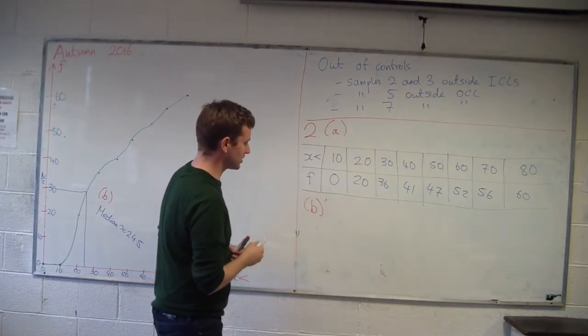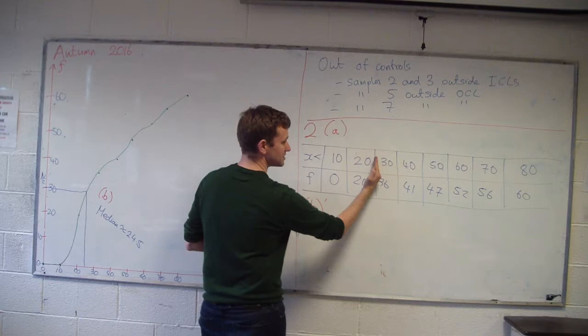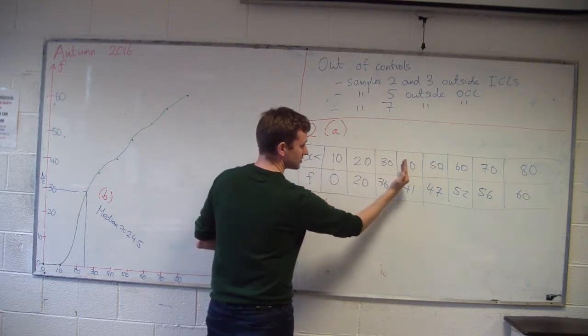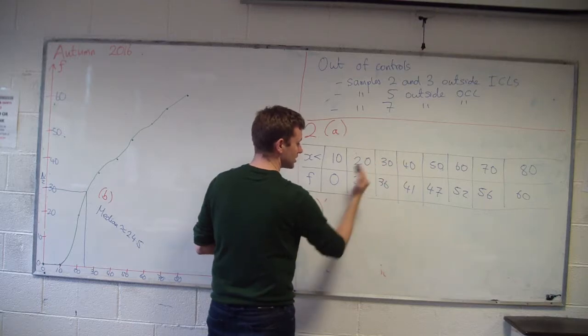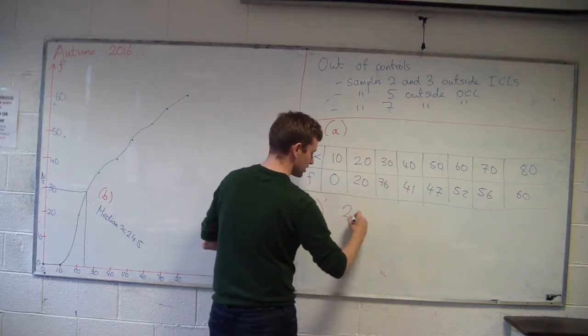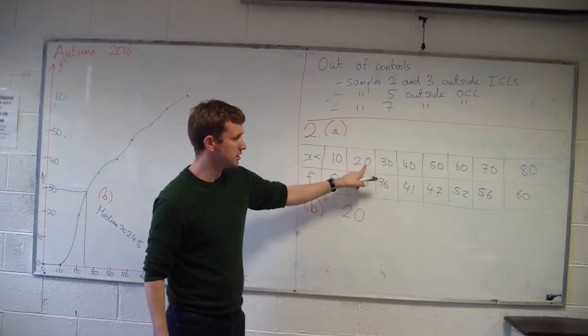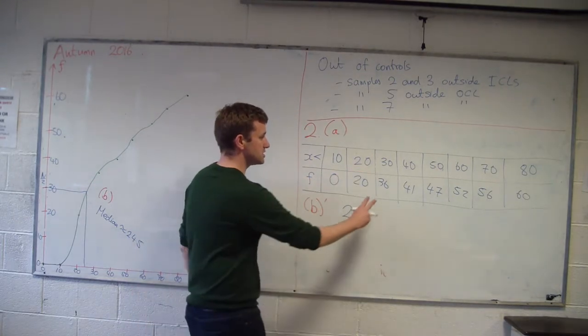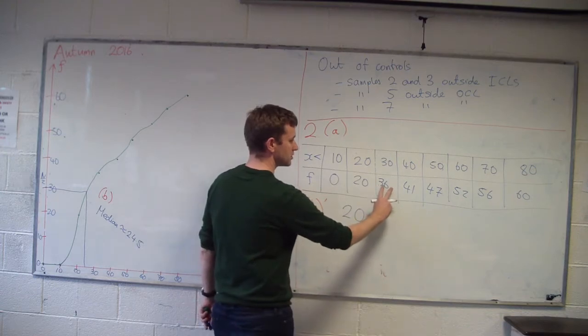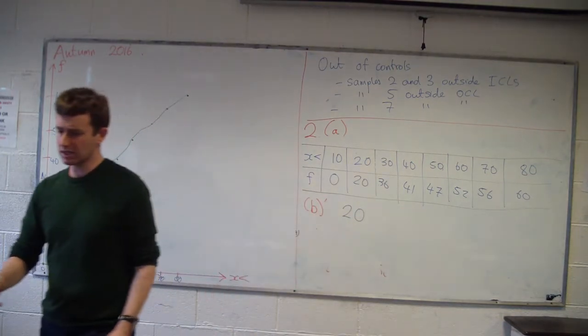So the answer would be something like this. You've only got 20 less than 20, but you've got 36 less than 30, so that's too many. So your starting value would be 20. But you're going to need 10 of these. It's actually a little bit easier looking at the thing here.